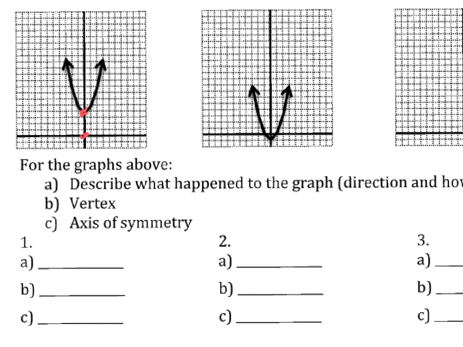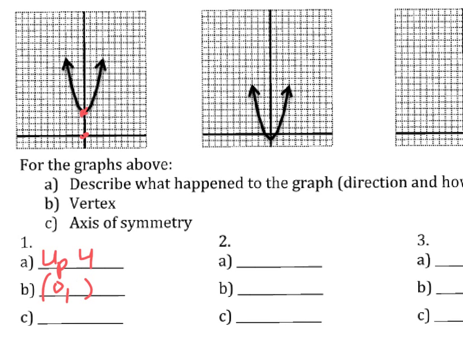So what happened is for part A, it says describe what happened to the graph, direction and how much. Basically, it just got shifted up 4 spots, right? It's supposed to be at 0, but it's up 4. So the vertex now, instead of 0, 0, is 0, 4.